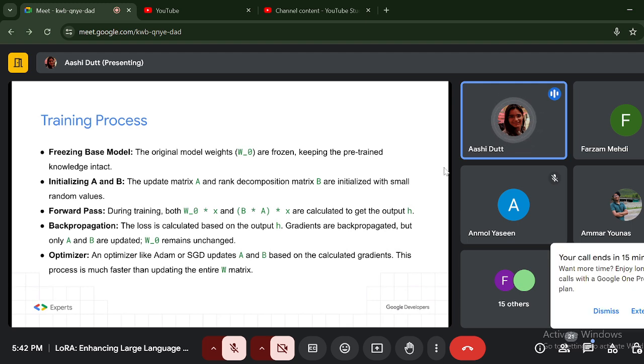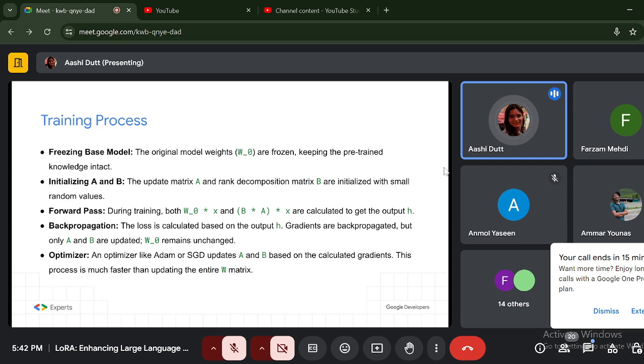Then forward pass: during training, both W naught, that is your initial weights, into X, and B into A into X, are calculated to get the output H. During backpropagation, we are just updating A and B, but we are not updating the original weights because we are not going to change them. We have frozen them initially.